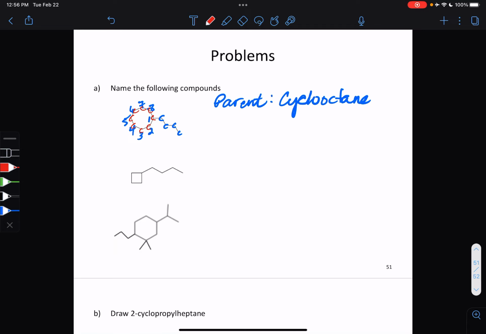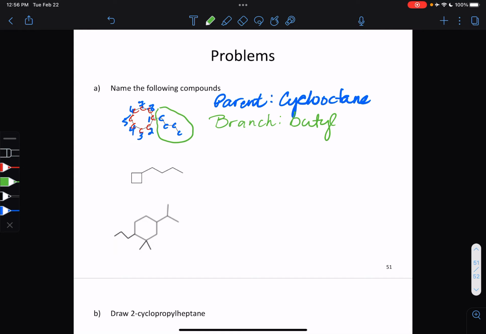So that red carbon on number 1 is part of the ring, so it is not part of your branch. Our branch is this right here. And if you have a 4 carbon straight chain, what is that branch called? That would be butyl. And butyl comes from butane.